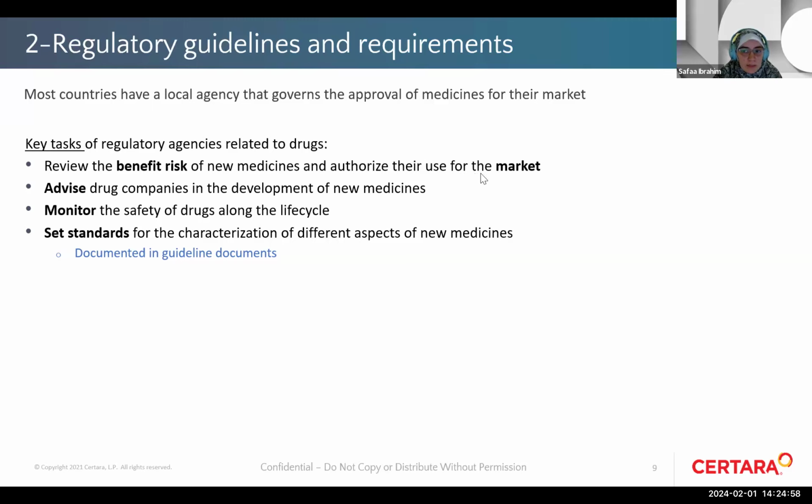After post-market authorization, they also monitor the safety of the drug. They also have an advisory role for drug companies in the development of new medicines. Importantly, they set standards for characterization of different aspects of new medicines, and this is documented in the guideline documents.